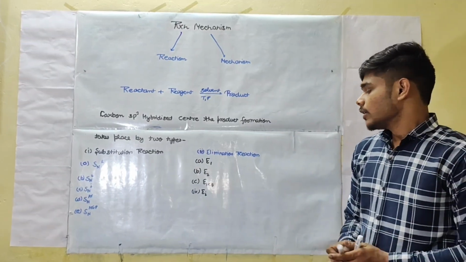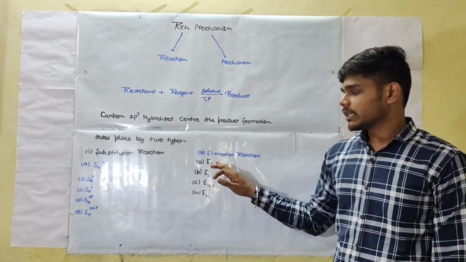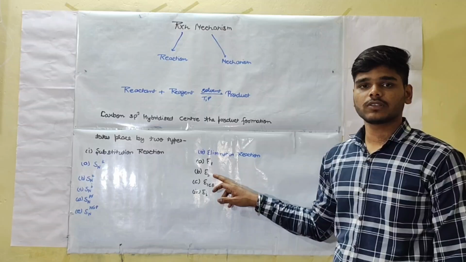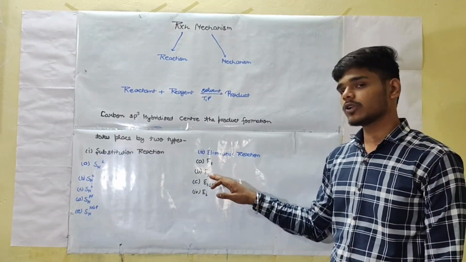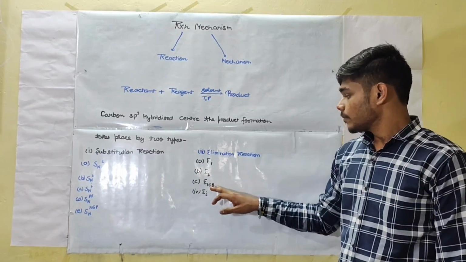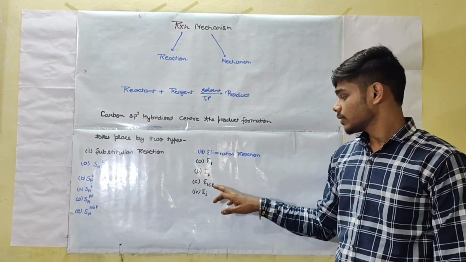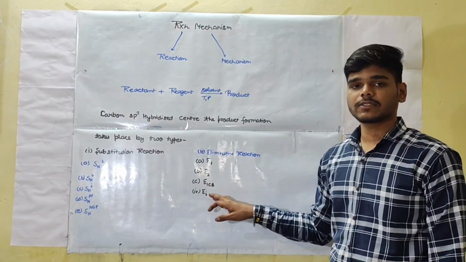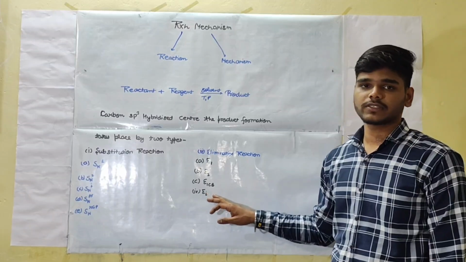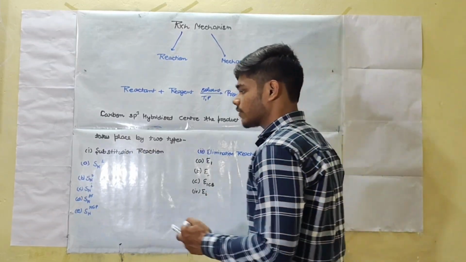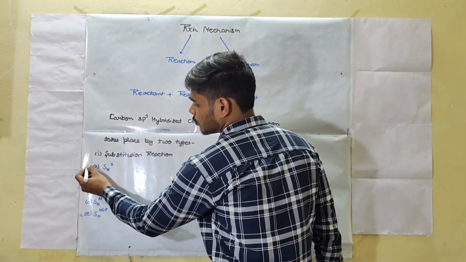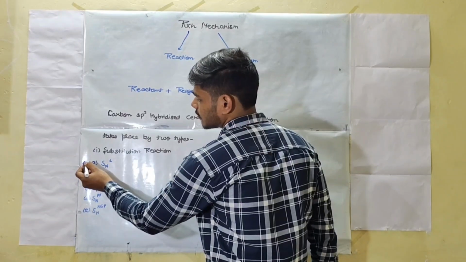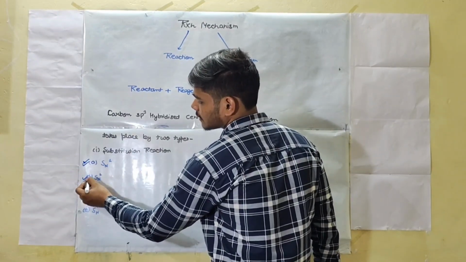So E1 stands for unimolecular elimination, E2 stands for beta hydride elimination or bimolecular elimination, and E1CB stands for unimolecular conjugate base elimination, and Ei stands for intramolecular elimination reaction. So here today we are discussing two types of substitution reaction, which are SN1 and SN2.